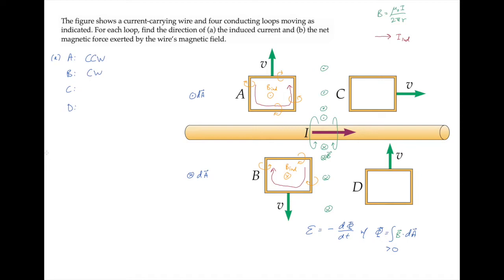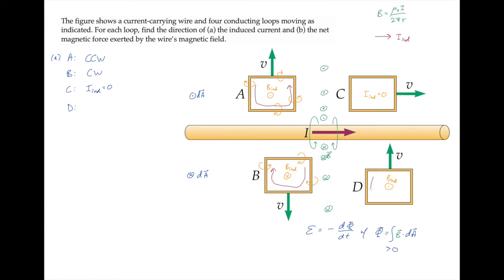Loop C is moving parallel to the wire, so there's no change in the magnetic field strength, no change in flux, and therefore no induced current. Loop D is moving toward the wire into a region of increasing magnetic field strength, so the magnetic flux will increase, and the induced field will oppose that by being directed opposite the external field.